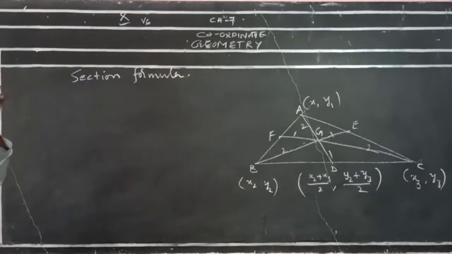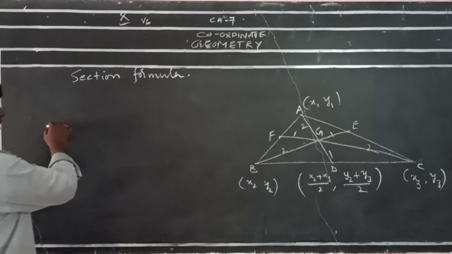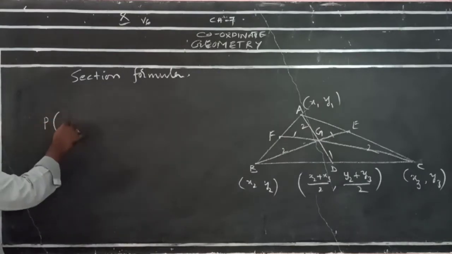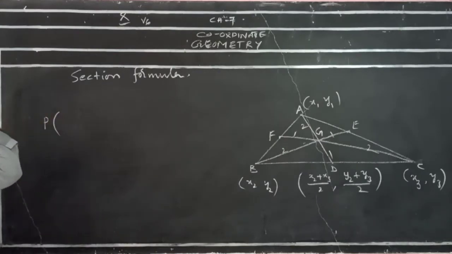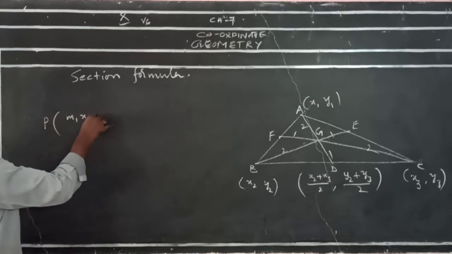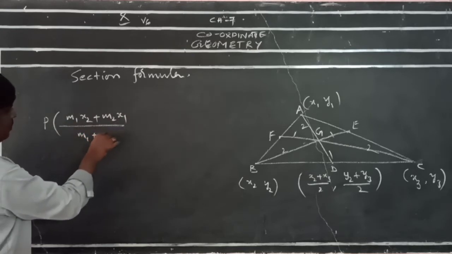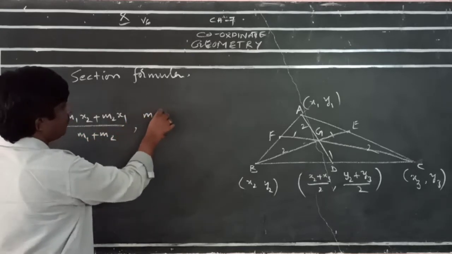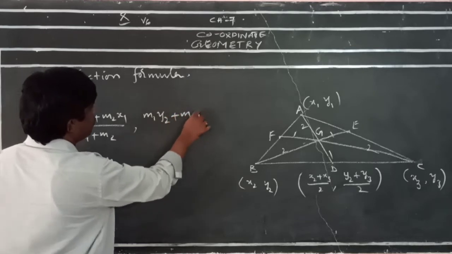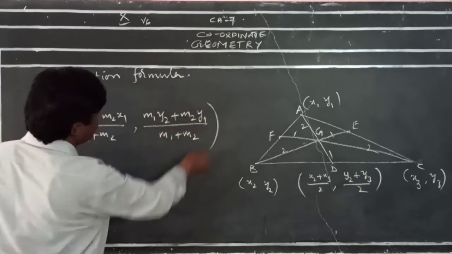What is the section formula? We already learned the section formula in the previous video. Let us recall: m1 x2 plus m2 x1 by m1 plus m2, m1 y2 plus m2 y1 by m1 plus m2.